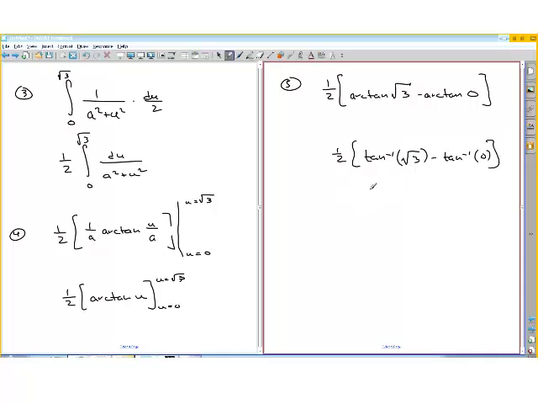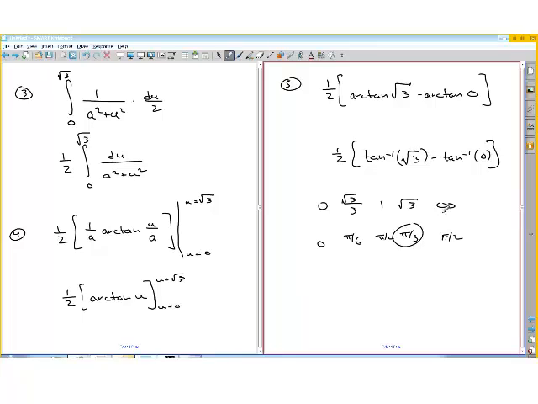And if you remember, the tangent has values of 0, the square root of 3 over 3, 1, the square root of 3, and infinity, and those correspond to the angles 0, pi over 6, pi over 4, pi over 3, and pi over 2. So those are the corresponding values.